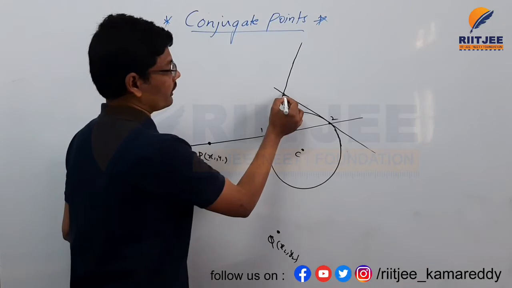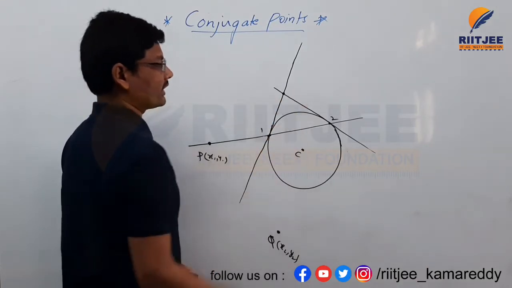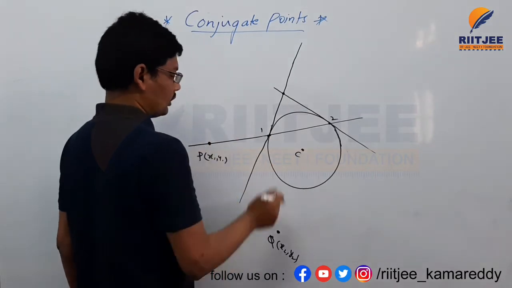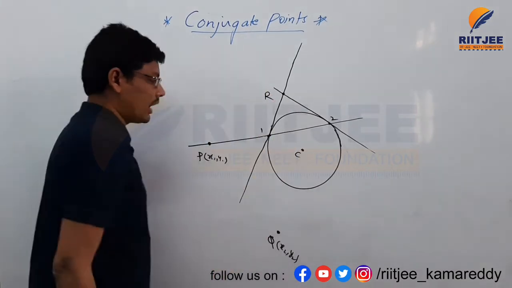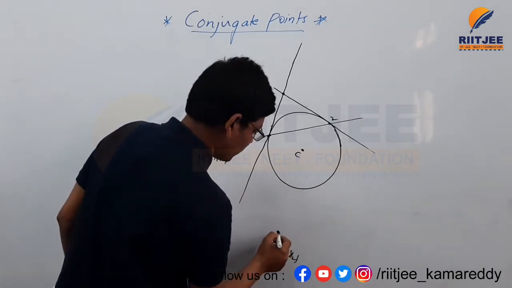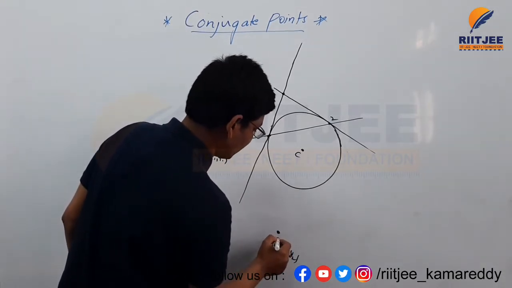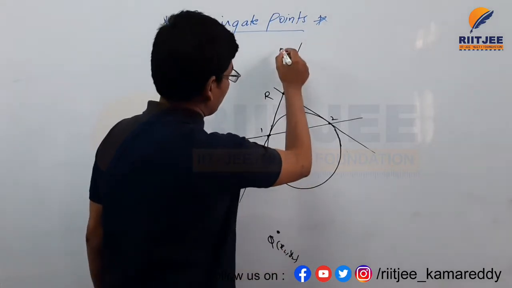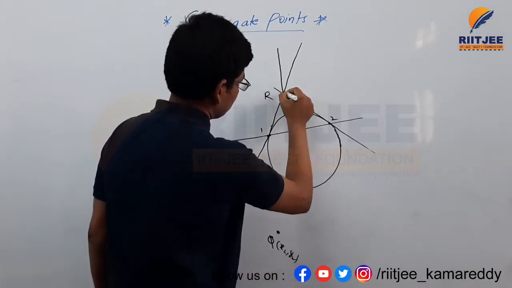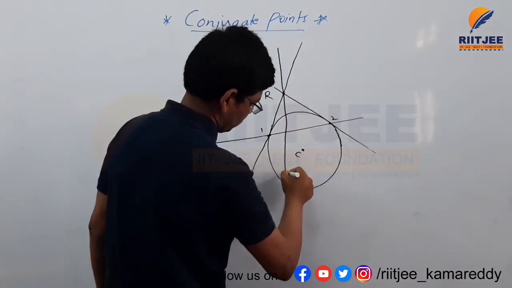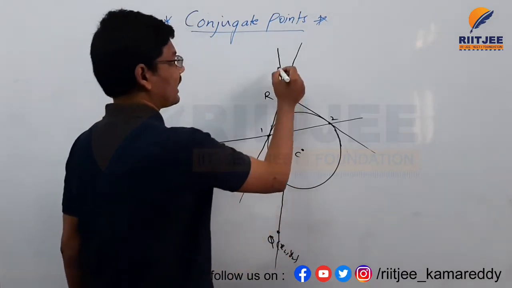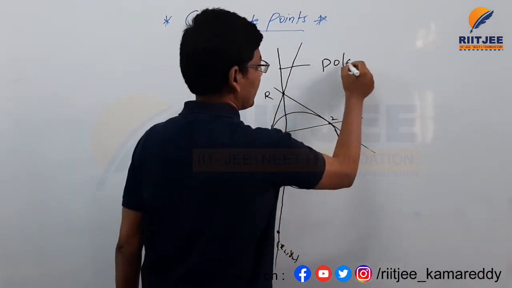The point of intersection of these two tangents I am considering as R, and one more here I am taking, this is a polar. Here this line is called polar.